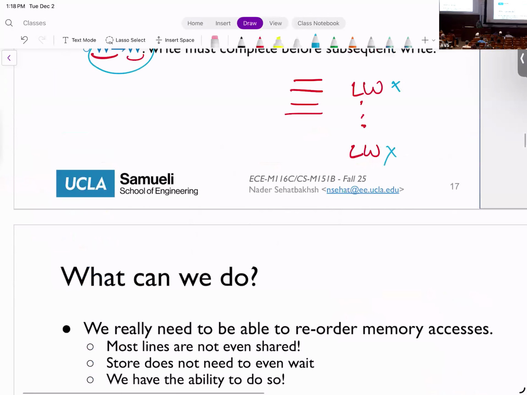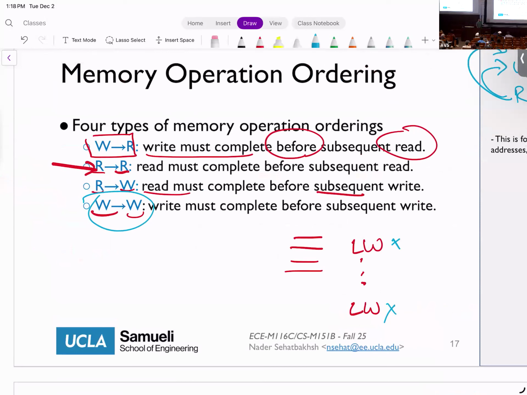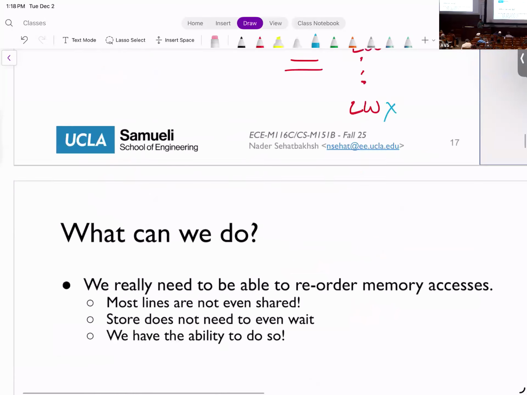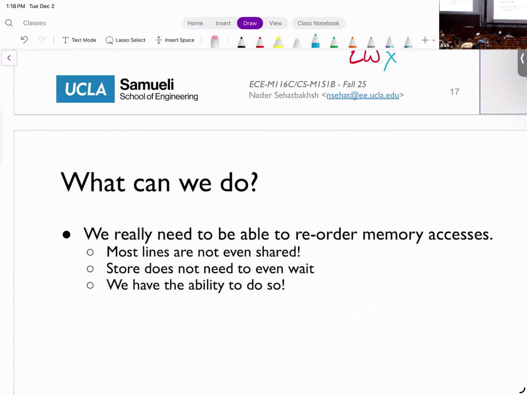Okay, so as I said, sequential consistency enforces all of this. It's great. It used to be used in some simple systems. In all the modern systems, we don't use sequential consistency. What we do instead is we really want to reorder something. So maybe we can reorder reads before writes. Maybe we can reorder some of the reads before some other reads.